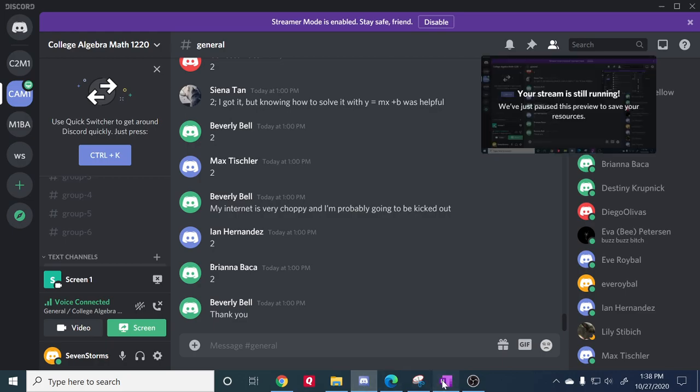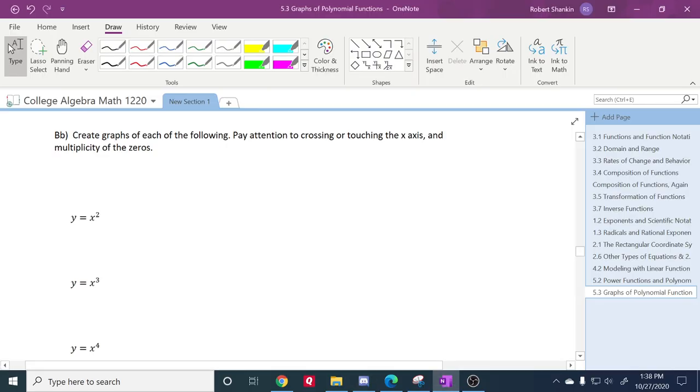All right, let's go back to this. y equals x squared. What I'm going to do is draw the picture. We all know that y equals x squared looks like this.